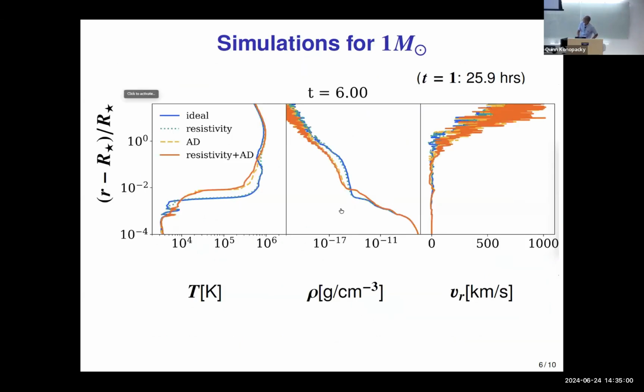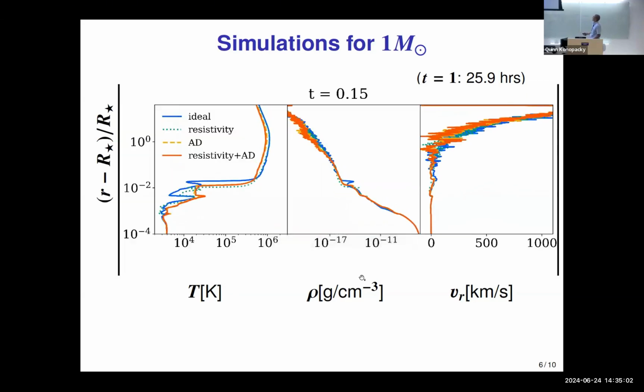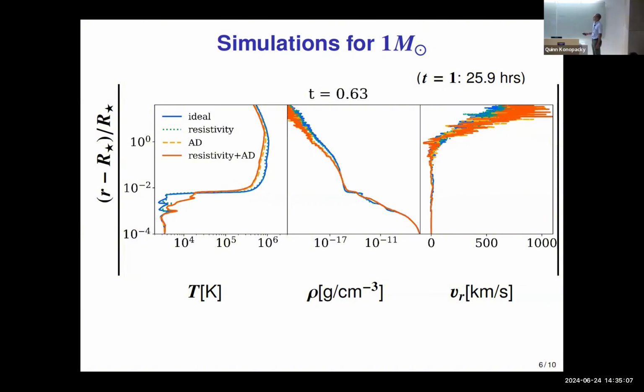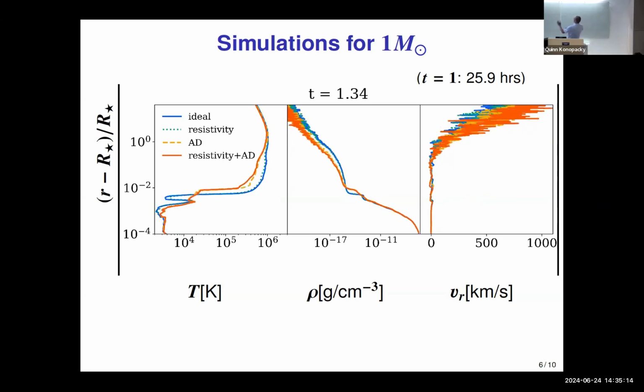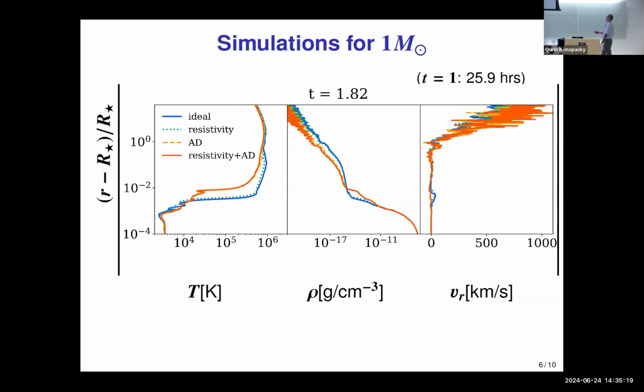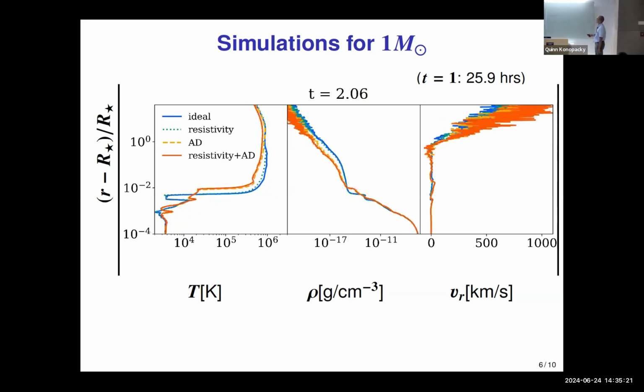This is the movie showing the simulation. The vertical axis is the distance from the photosphere. From left to right, I'm showing temperature, density, and velocity for four cases: ideal MHD, so without magnetic diffusion; the case with only resistivity; the case with only ambipolar diffusion; and the case with both diffusions.